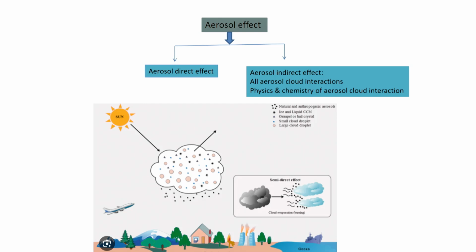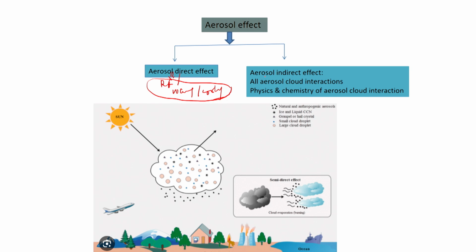So this is the direct aerosol effect we talked about in terms of radiative forcing, and then warming or cooling. The other things aerosols do: their presence directly affects the incoming and outgoing radiation, and they affect the radiative forcing of the atmosphere or the surface.